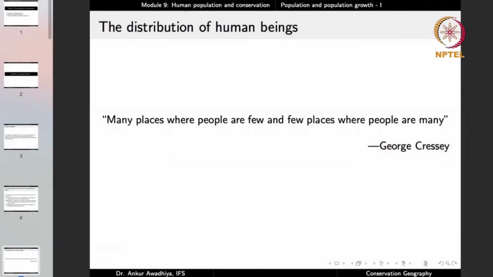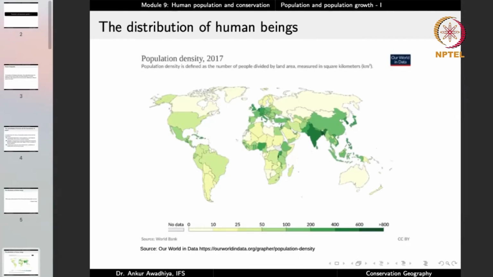But in few locations, humans are many. We have a very great amount of population density, especially in those areas that have fertile lands and hospitable climate with plenty of water. So if we look at the distribution of human beings on the planet, we'll find that there are certain locations like India and Bangladesh where the population density is very large.